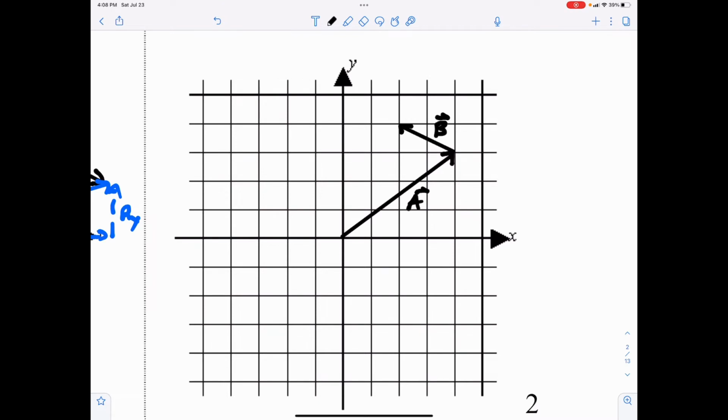And C is 4 units straight down. Okay, now remember, the resultant vector is a straight line from start to finish. Start is here, finish is here. The resultant vector is simply that little vector right there pointing 2 units to the right. So in other words, it has an x component, but it has 0 y component.